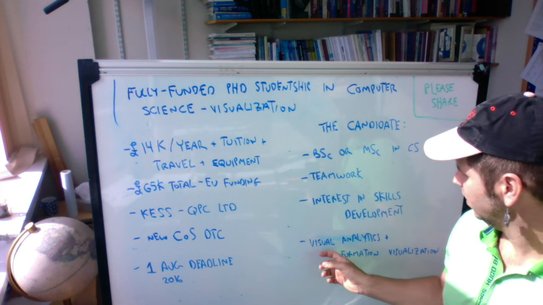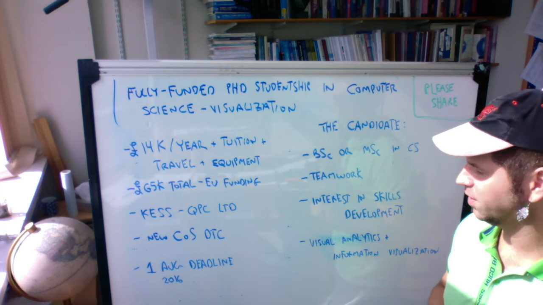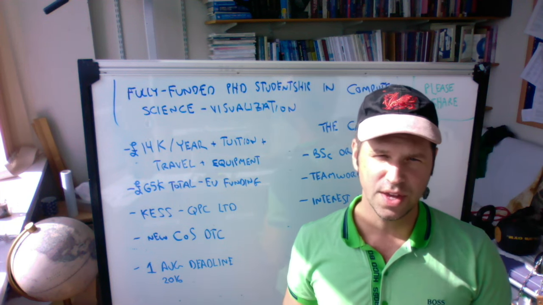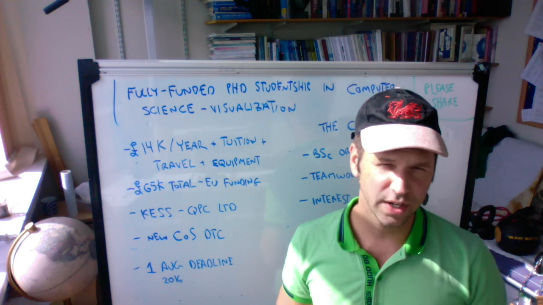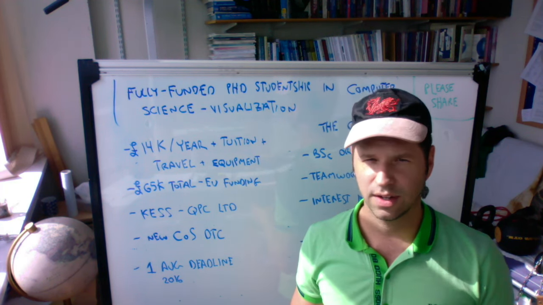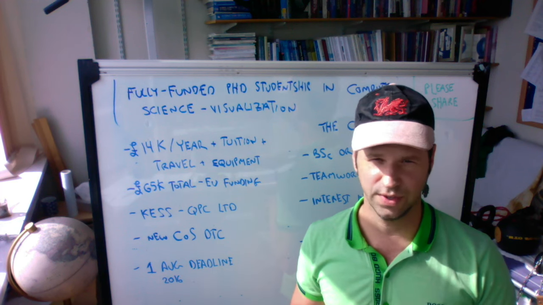And the topic is in the area of visual analytics and information visualization. So we're going to be trying to come up with innovative visual analytics and information visualization techniques that analyze the activities in a call center.